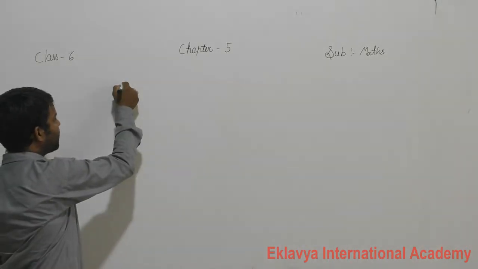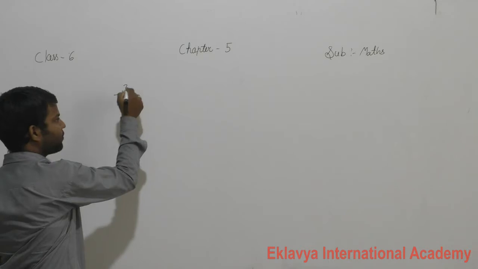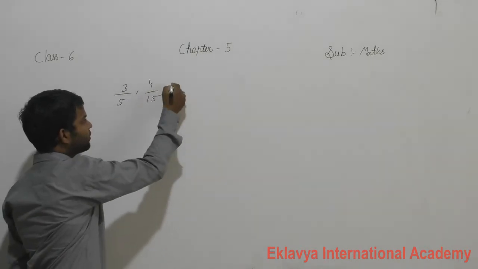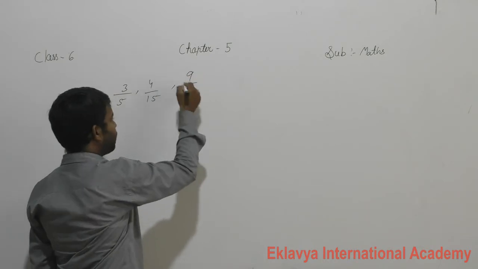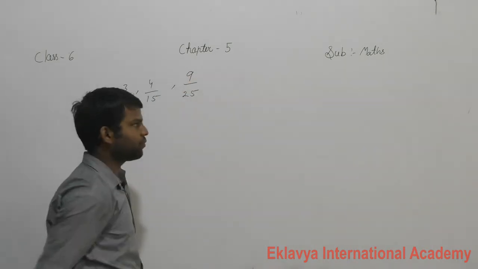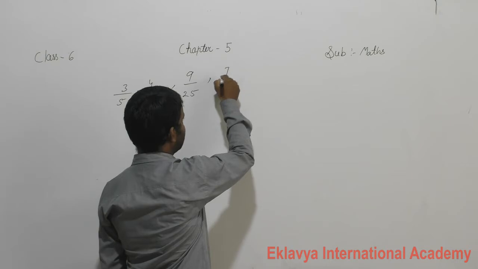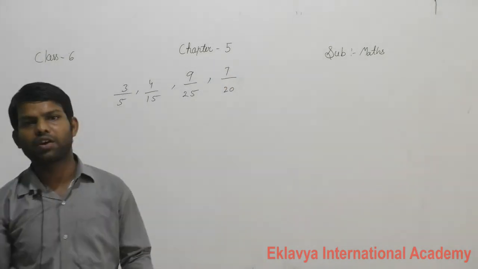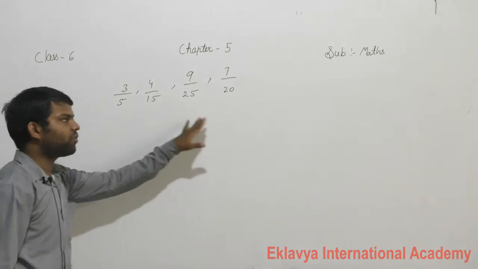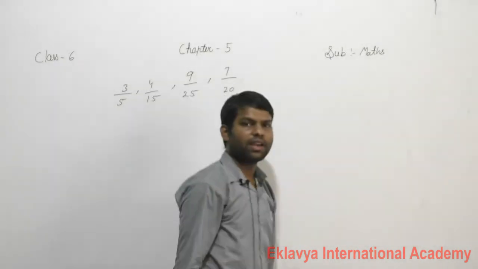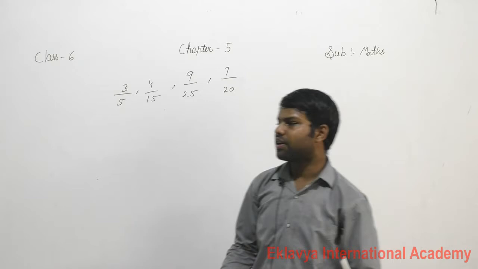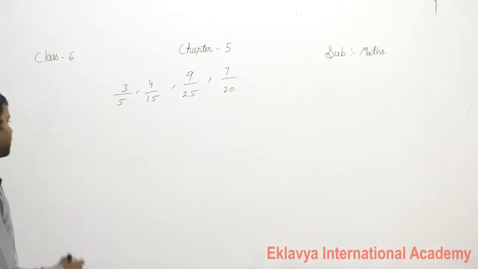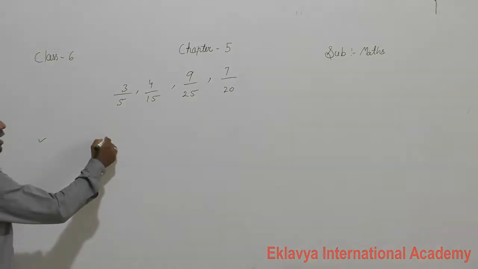If we want to compare 3 upon 5, 4 upon 15, 9 upon 25 and 7 upon 20, these four fractions, or otherwise we can say if we want to arrange them in ascending or descending order. Ascending or descending means first lowest value, then highest value.